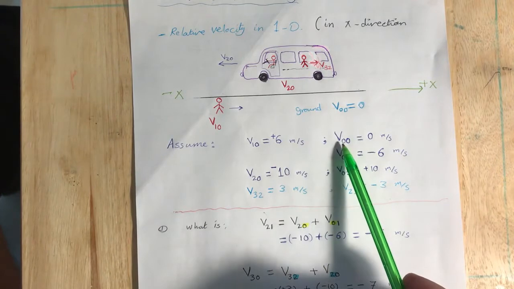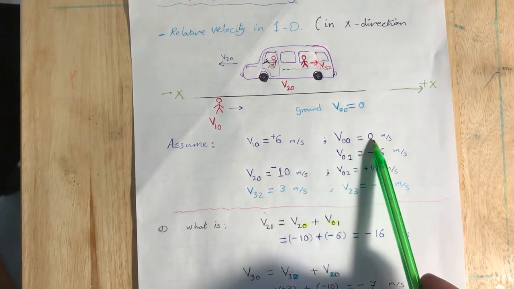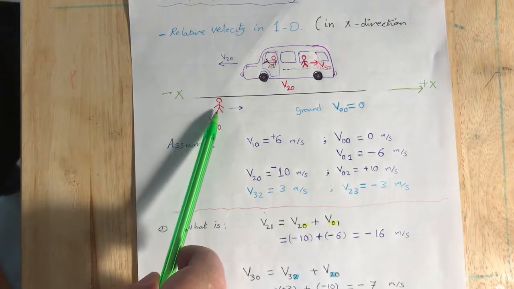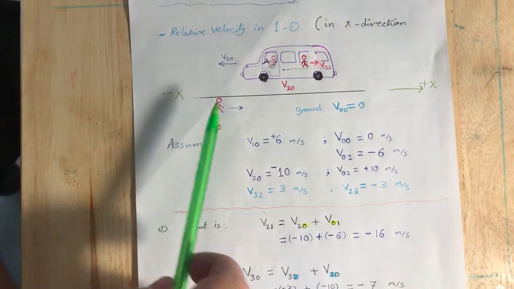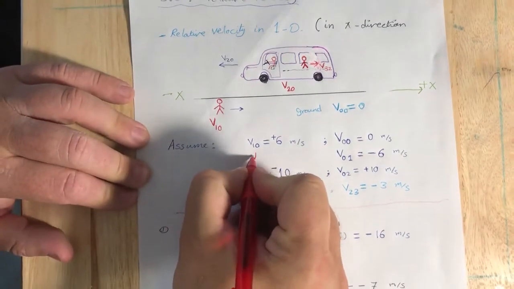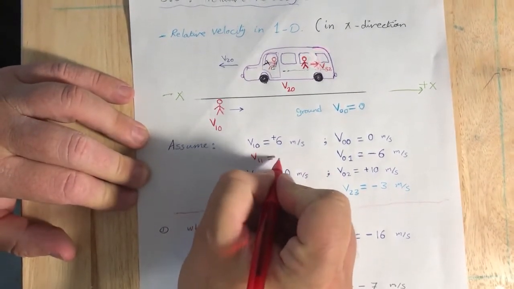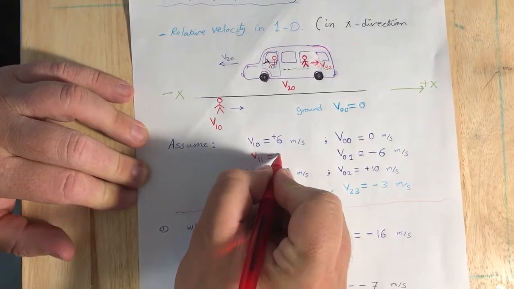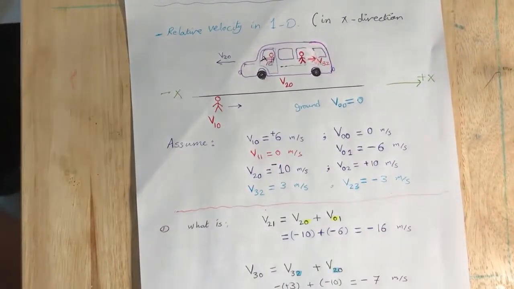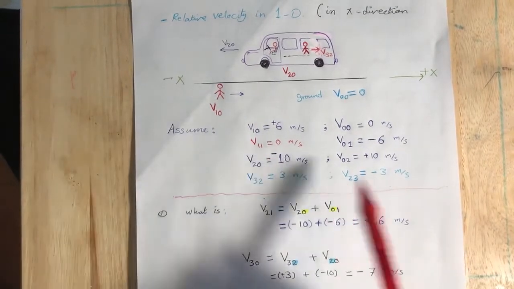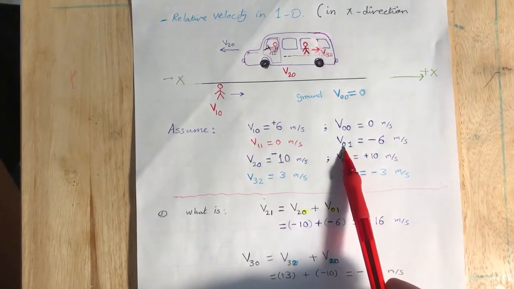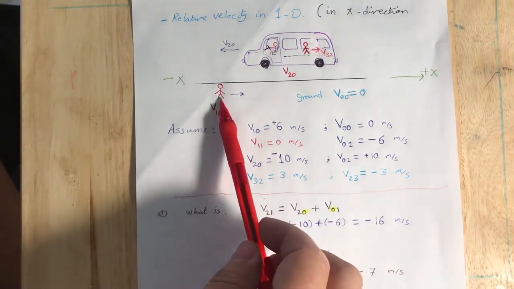What is the velocity for the ground with respect to ground? It is 0. What is the velocity for the man with respect to itself? I mean v11. It is equal to 0 meters per second. What is the velocity of the ground v0 with respect to 1, with respect to this man?